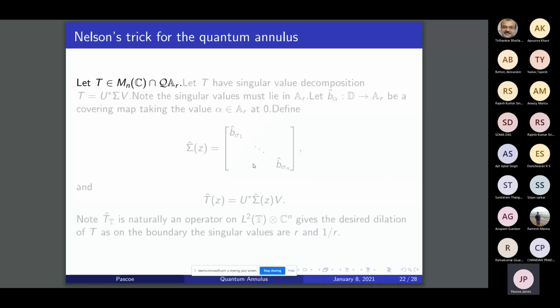Okay, so let's talk about how we would do Nelson's trick for this quantum annulus.